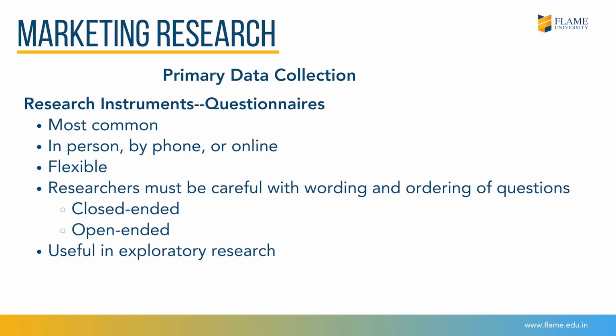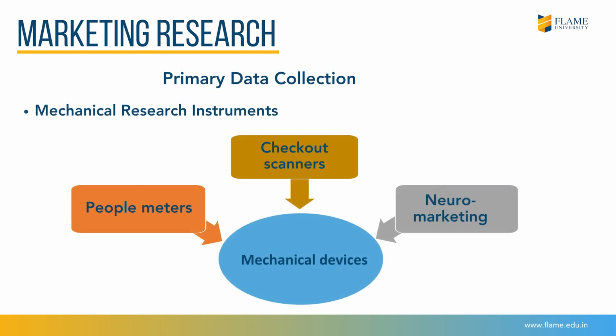Next type of research instruments are mechanical research instruments. In addition to questionnaires, researchers sometimes also use mechanical instruments like eye tracking devices, facial recognition software, and biometric sensors to measure customer responses. Have you ever noticed how some of the supermarkets have cameras tracking where shoppers go first? They're trying to decipher your pattern.